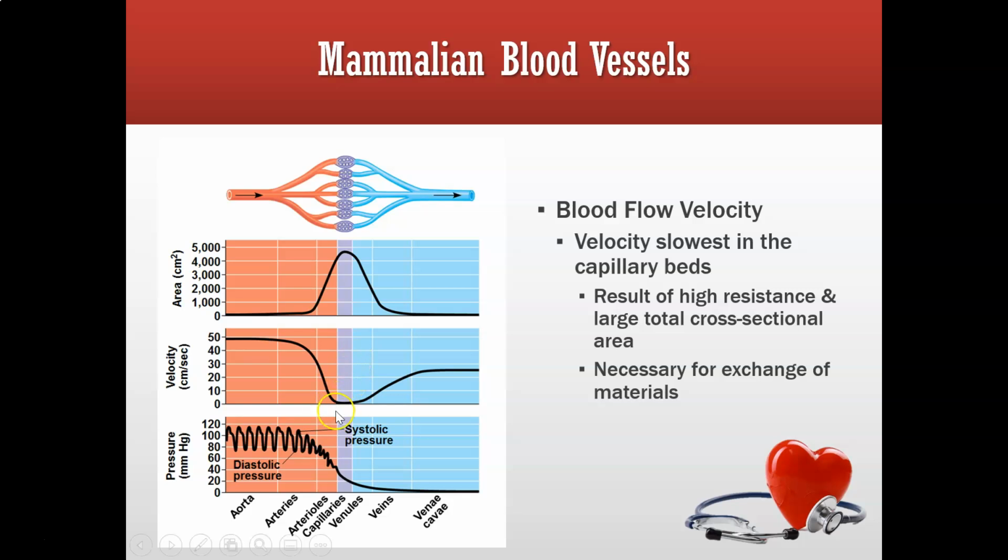So your capillary beds have to have the lowest velocity and as a result end up losing pressure in order to maintain that flow of nutrients from those capillaries out into your tissue fluid and vice versa. So we need to slow everything down as a result. So that high resistance is a result of just a lot of area as opposed to speed or pressure. And that increase in area and drop in speed and pressure is necessary for all of that exchange.